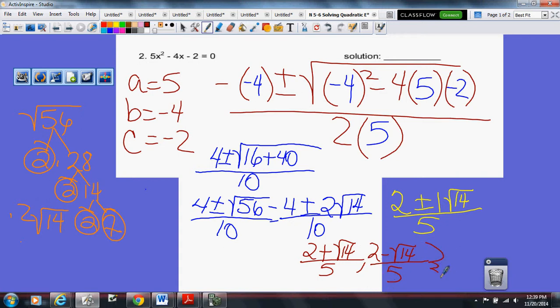So that would be my solution. Okay, so now let's look at the next one. Remember, if you're not done writing that down, just pause your video here.